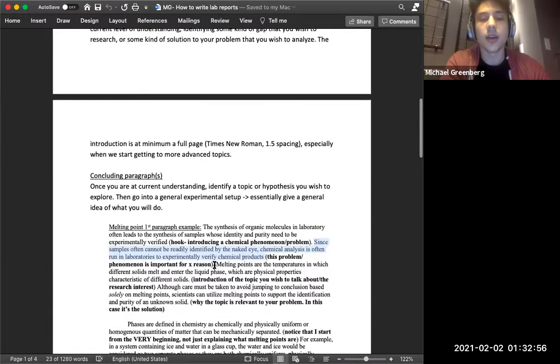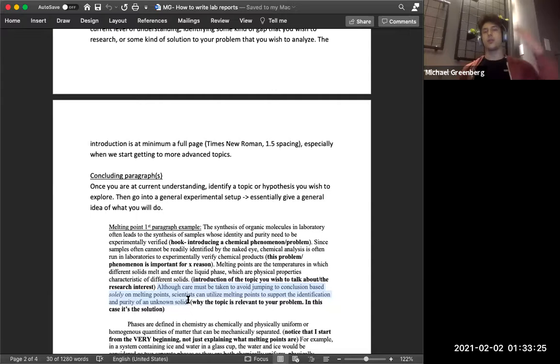And then from there, you introduce how your topic that you're doing, in this case melting points, are a solution to that problem. Melting points are the temperature at which different solids melt and enter the liquid phase, which are physical properties characteristic of different solids. And although care must be taken to avoid jumping to conclusions based solely on melting point, scientists can utilize melting points to support the identification and purity of an unknown solid.